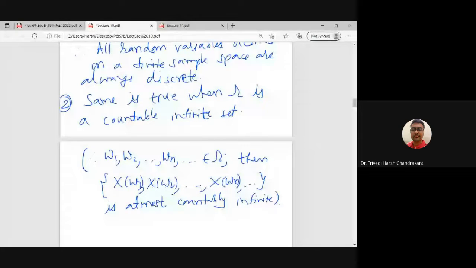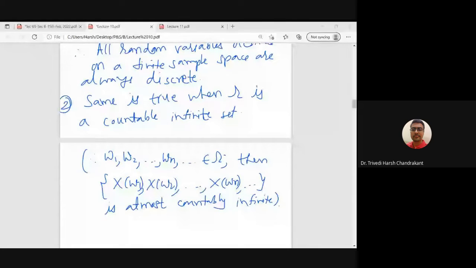So is it possible that we have a function which is defined on some set, but takes only finitely many values? For example, from R to R, where the domain R is uncountable, but its image is only finitely many points. So there are in the range only finitely many elements.